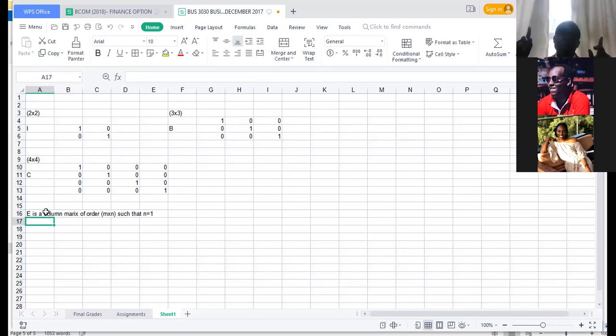It means that it only has 1 column. That's a matrix with only 1 column. The number of rows can be as many, must be more than 1 anyway. 2, 3, 4, 5, it doesn't matter. For example, this is E.